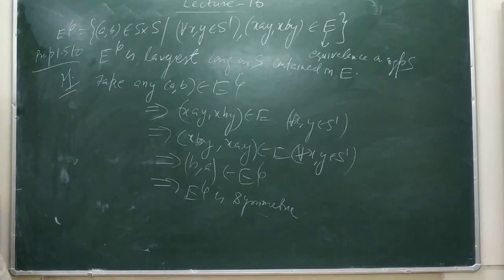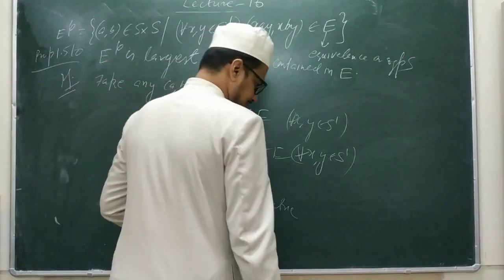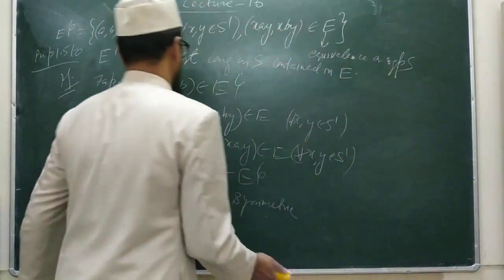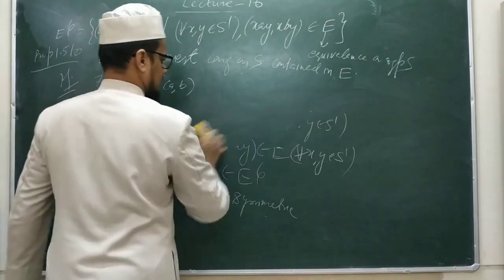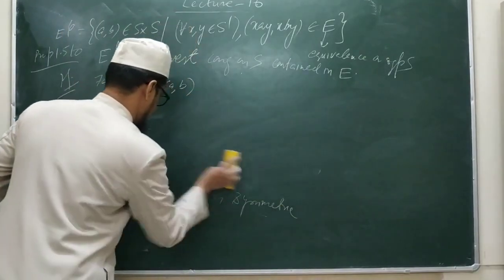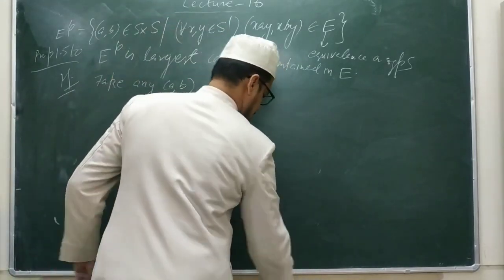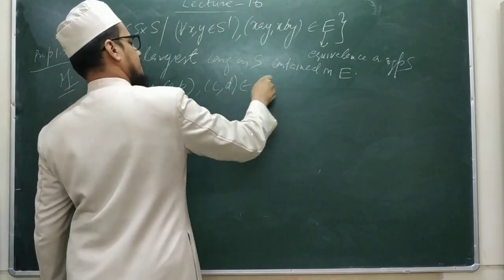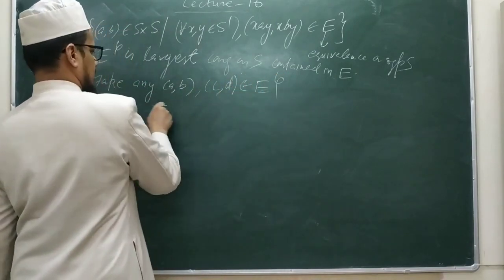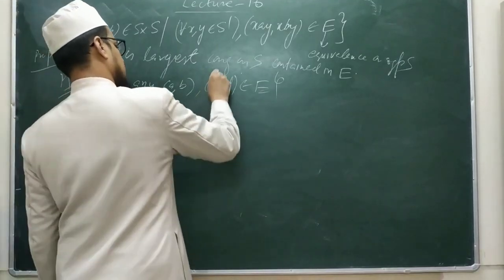Now finally we show that it is transitive. So for this we take A comma B and B comma C in E natural. It implies what?